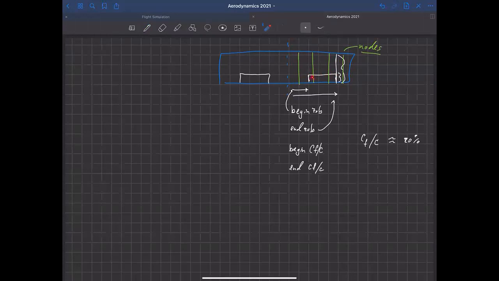We only know the geometry, the chord, at those locations, and we're using lifting line theory to solve for the lift distribution by making it match at those locations along the wing, that I've drawn here in green. So really all we care about is the CF over C at each of these locations in order to solve the influence of the aileron. So we're not going to capture what's happening between locations.